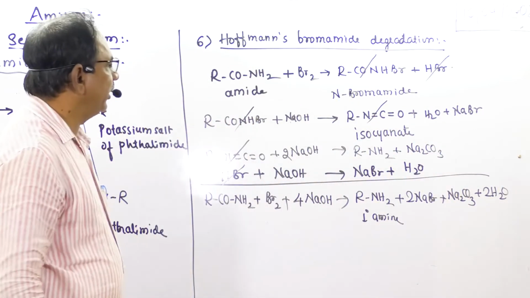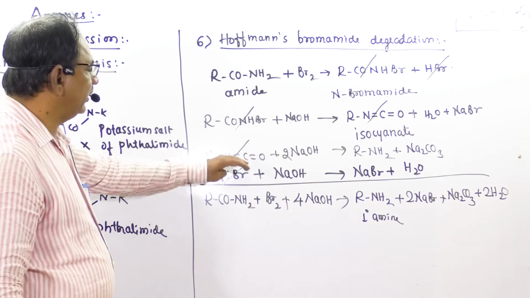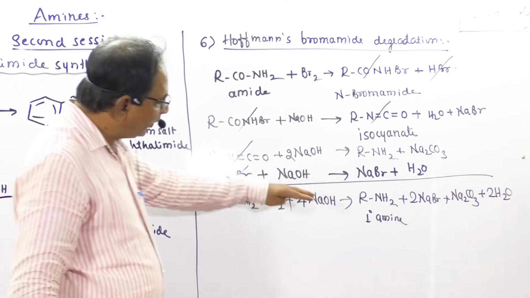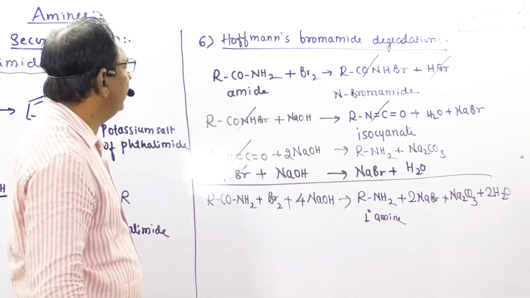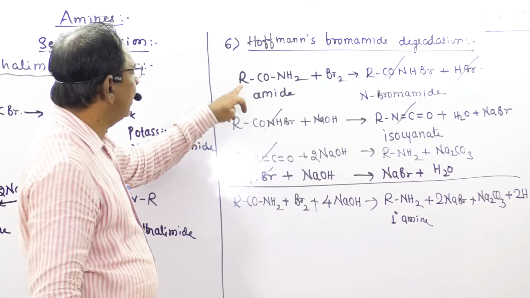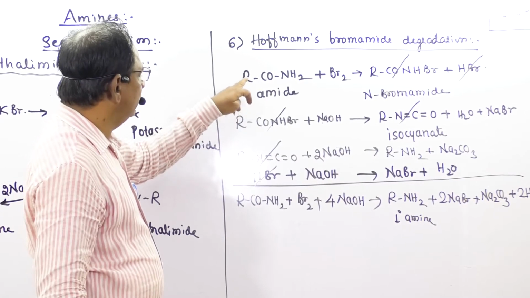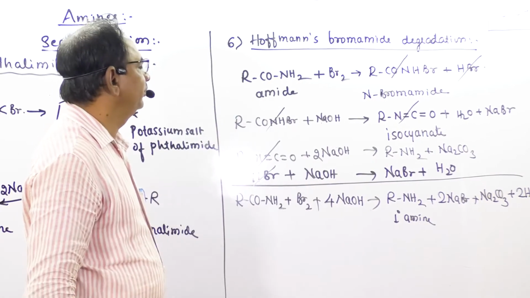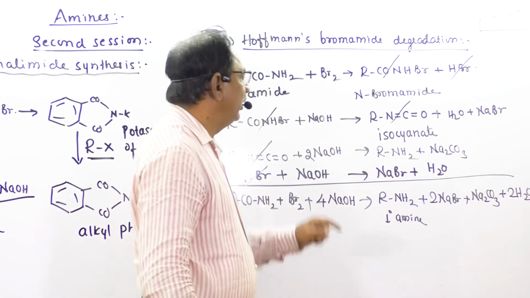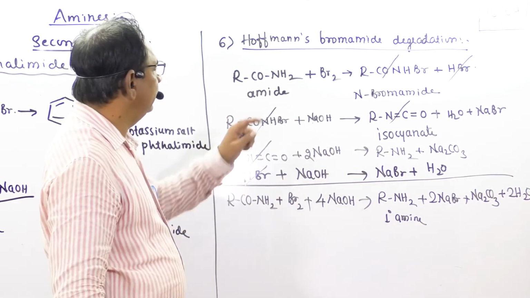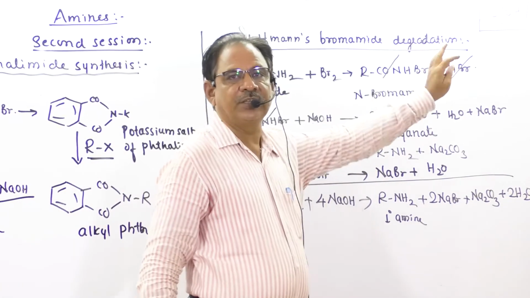This is the method used to prepare primary amines. If R is an aliphatic group you get aliphatic primary amines, and if you use an aryl group, that is C6H5, aromatic primary amines are formed. Why is it called a degradation reaction?